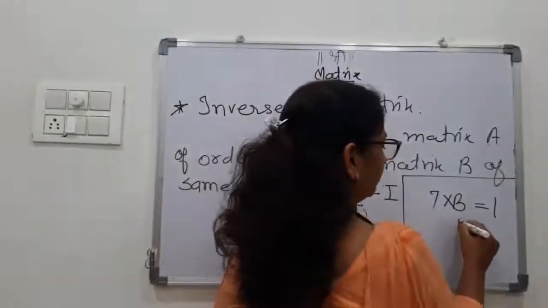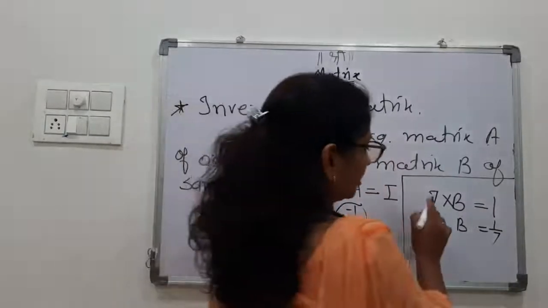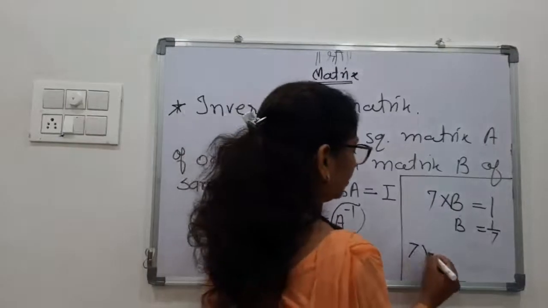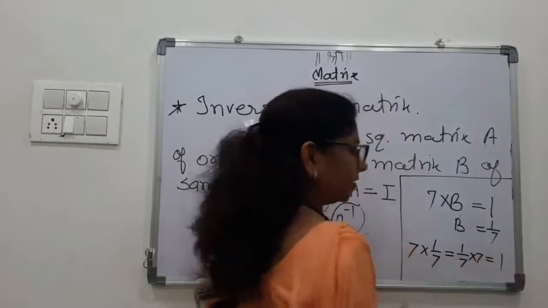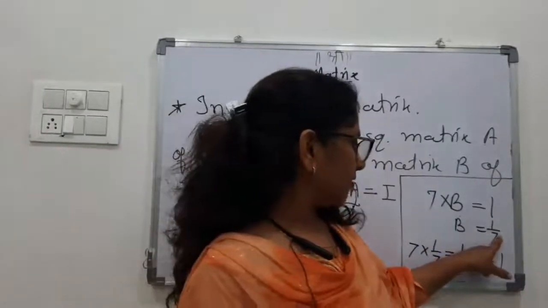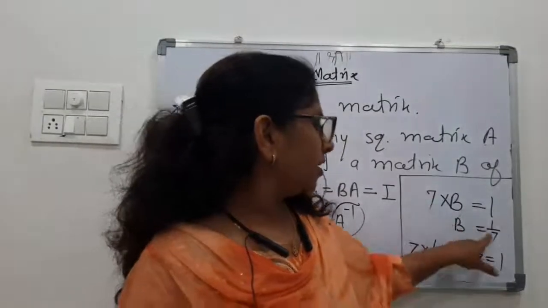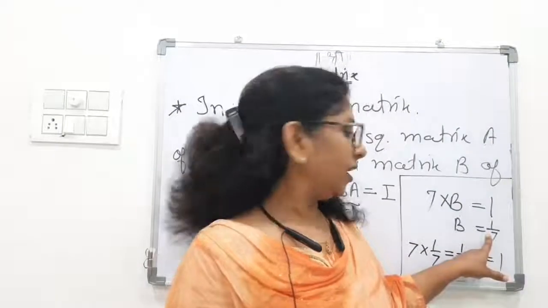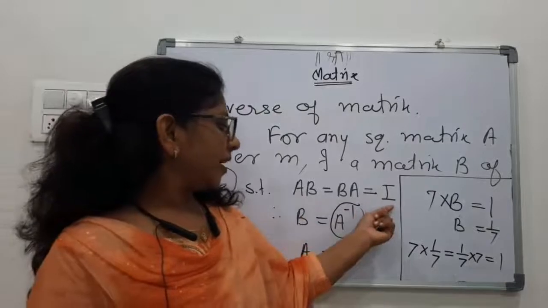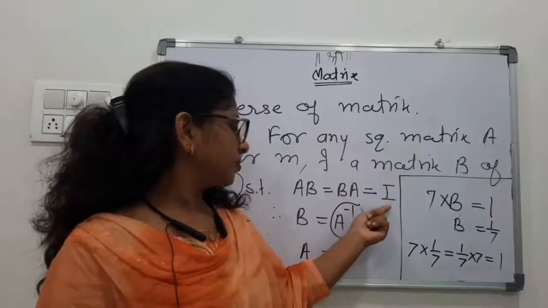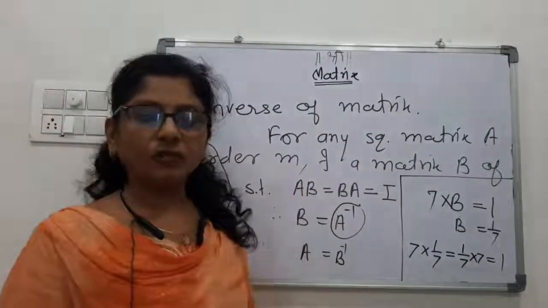If we solve this, we get b equals 1 by 7. It means if we multiply 7 into 1 by 7 or 1 by 7 into 7, we get identity. Therefore, this 1 by 7 is reciprocal of this 7. At the same time, this 7 is reciprocal of this 1 by 7. Same case is here. If multiplication of AB equals I or multiplication of BA equals I, means B is inverse of A and A is inverse of B.